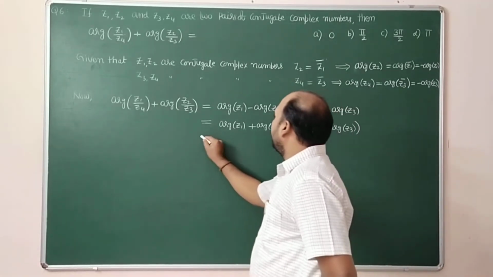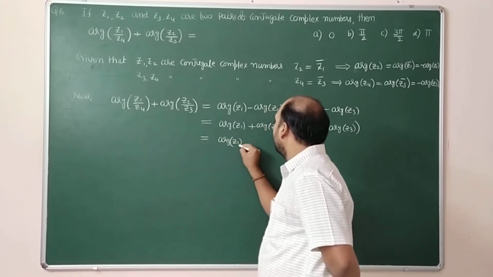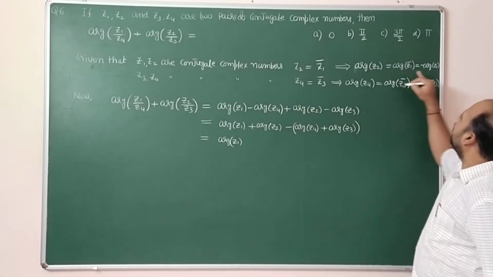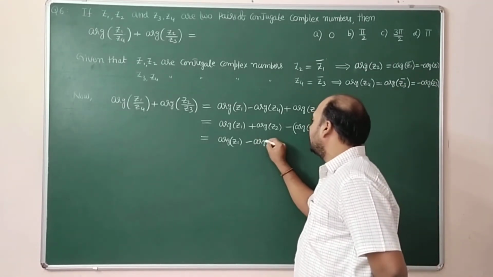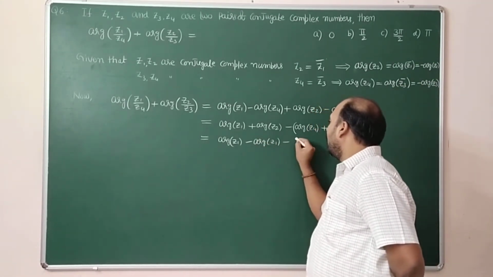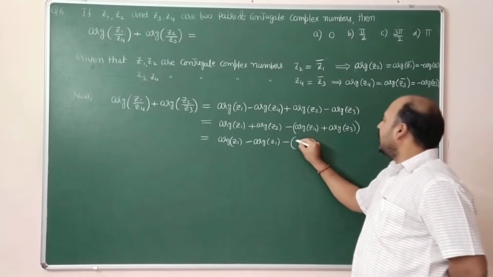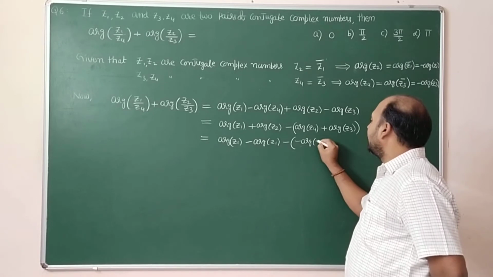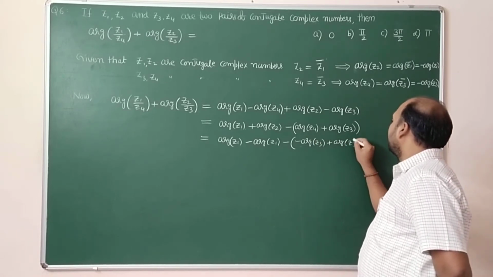So now argument of Z1, wherever argument of Z2 is there, what do you have to replace? Minus argument of Z1. Minus, bracket, argument of Z4 equal to minus argument of Z3, plus argument of Z3.